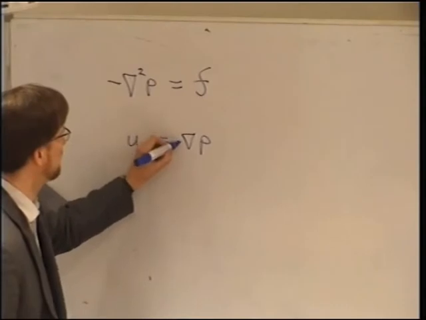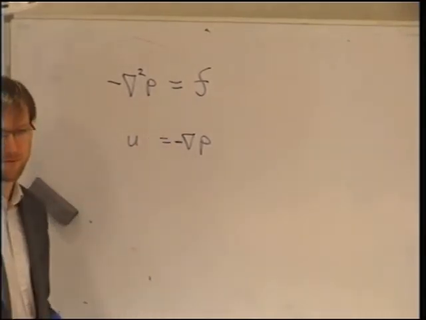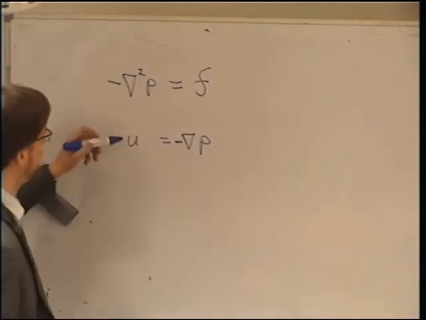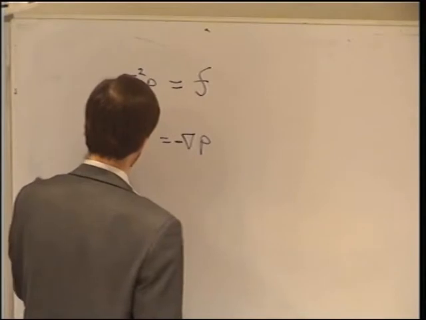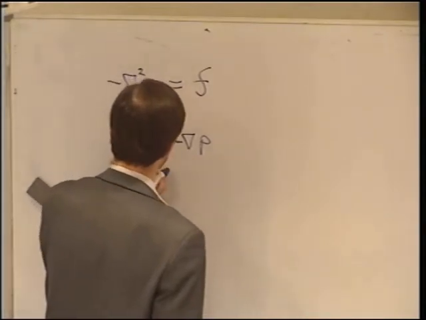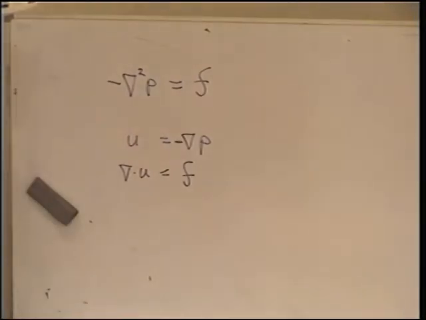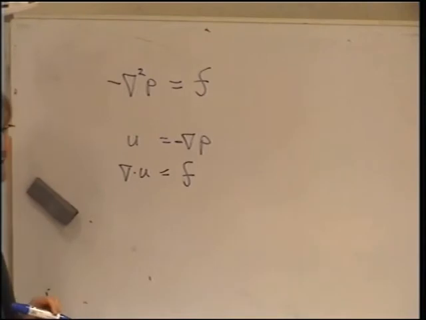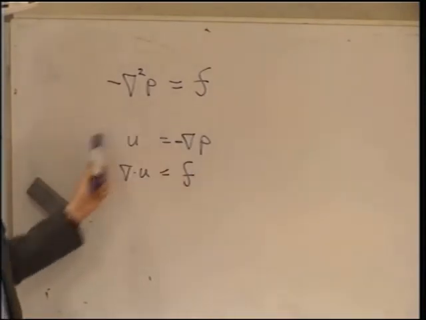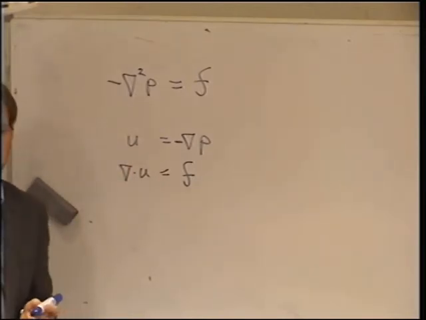I think it's traditional to put the minus sign in this one, but it doesn't matter which way you split it. Now I can make that substitution into here, and I get that the divergence of u is equal to f. Now that's a system of first order equations which is equivalent to my second order equation.